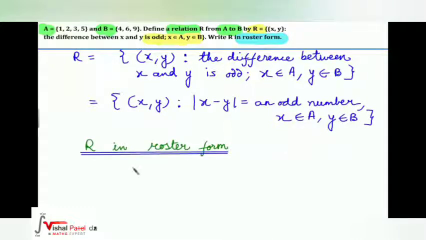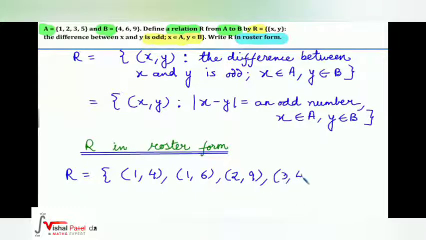So R in roster form इज 1 और 4 का रिलेशन एक होगा, बिकॉज 1 और 4 का डिफरेंस ऑड होगा. 1 and 6 is also, 1 का 6 के साथ रिलेशन होगा. 1 का 9 के साथ नहीं होगा, बिकॉज 1 और 9 का डिफरेंस जो होगा वो इवन होगा. सेम 2 9, 3 4, 3 6, 5 3 9 इज़ नॉट पॉसिबल. 5 4 एंड 5 6, 5 9 इज़ ऑल्सो नॉट पॉसिबल. सो जिन सबका डिफरेंस ऑड होता है, वो सब हमारे रिलेशन है.